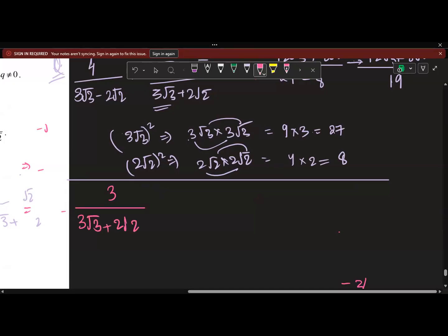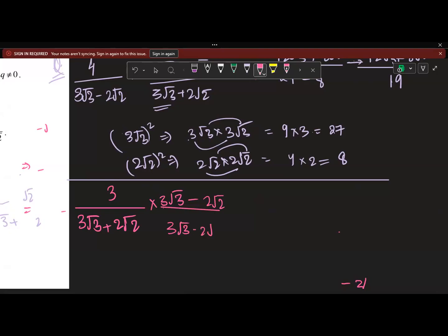Yes, Abdullah, you were saying something. Now tell us. Ma'am, I got the answer. Yes, tell me, how did you get the answer? Tell me for the second part now. Second one will be multiplied by 3 root 3 minus 2 root 2 on both sides, divided by 3 root 3 minus 2 root 2 again.